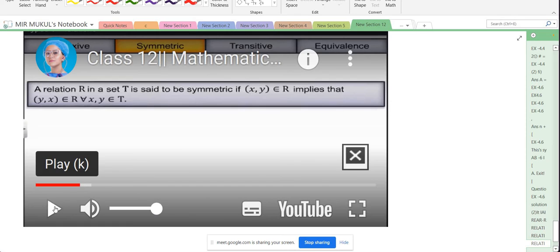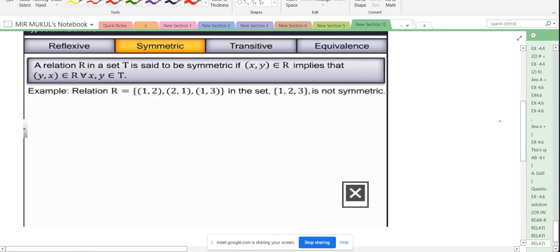Now let us take one contradictory example. Relation R in the set {1, 2, 3} is not symmetric. This is because the ordered pair (1, 3) belongs to R, but (3, 1) doesn't.